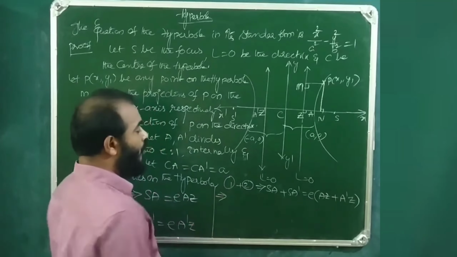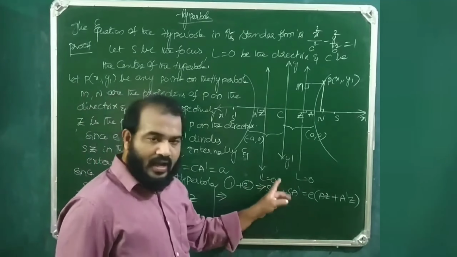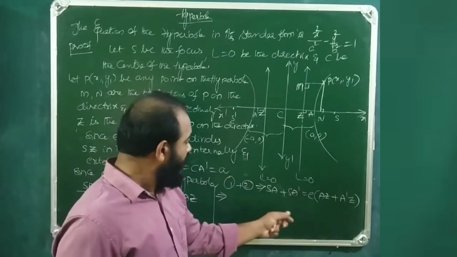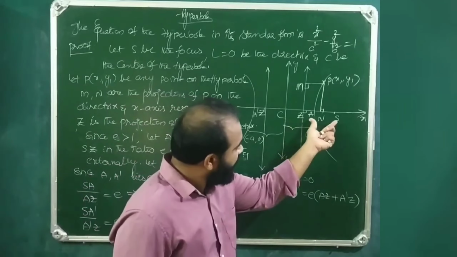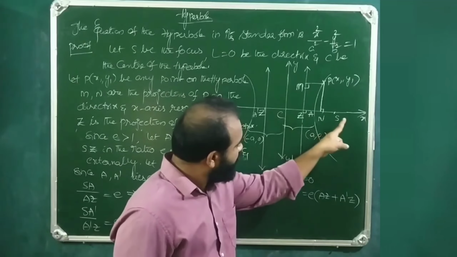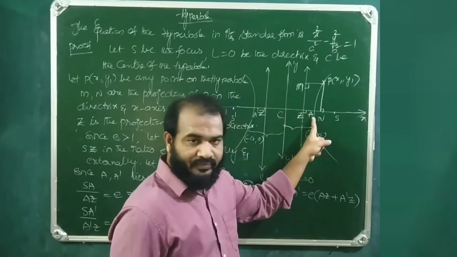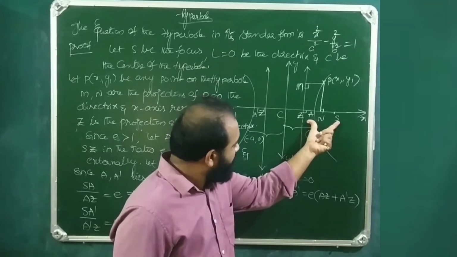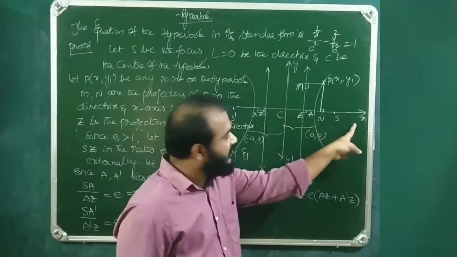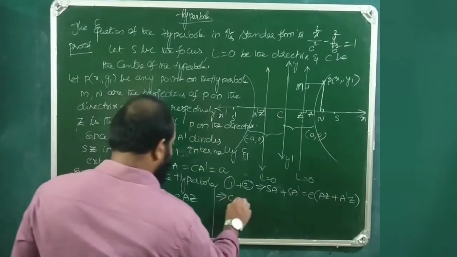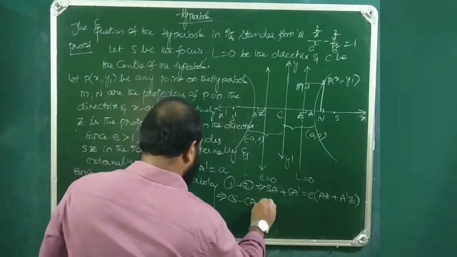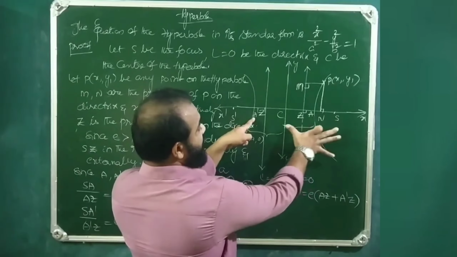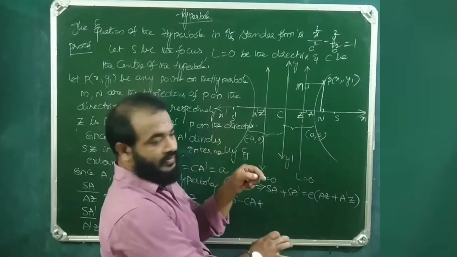So now everything I will take from the center of the hyperbola. SA is total CS minus CA. So this is CS minus CA plus SA dash. SA dash is CS plus CA dash.